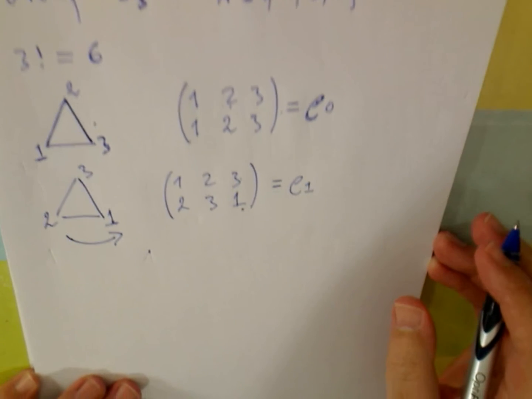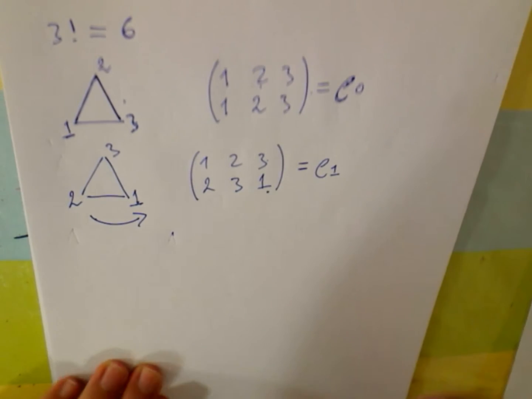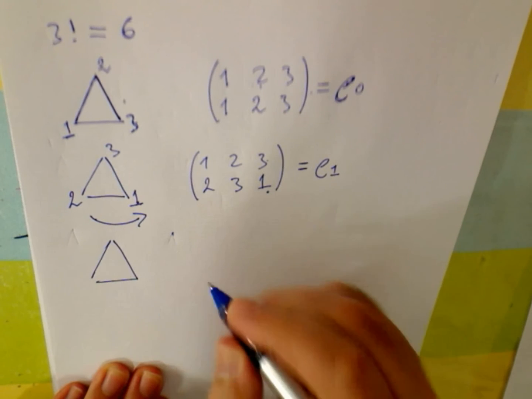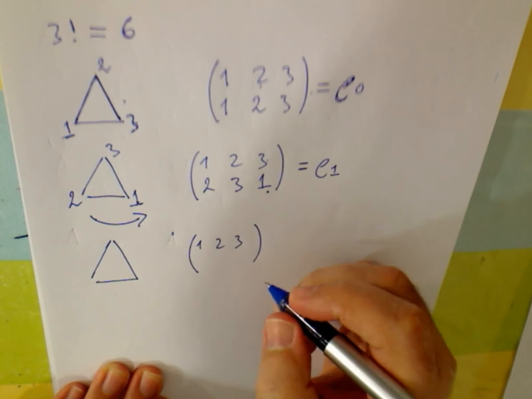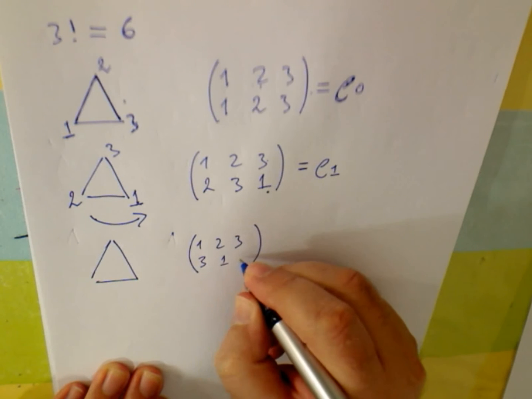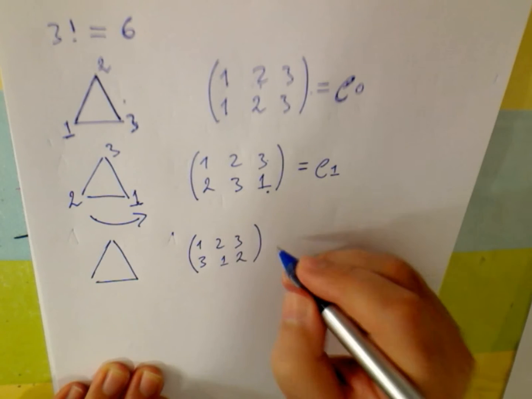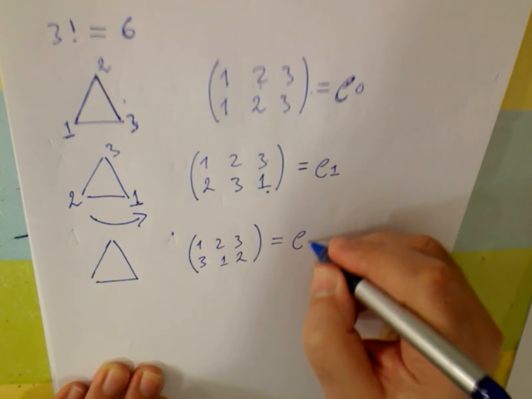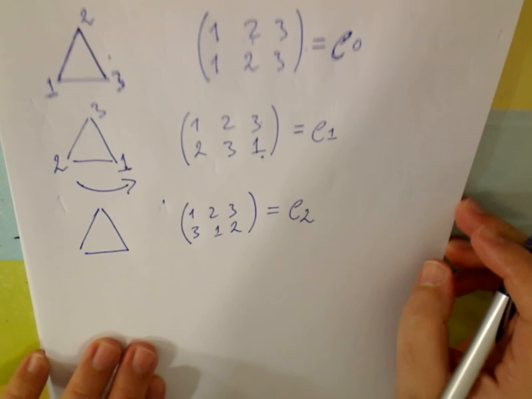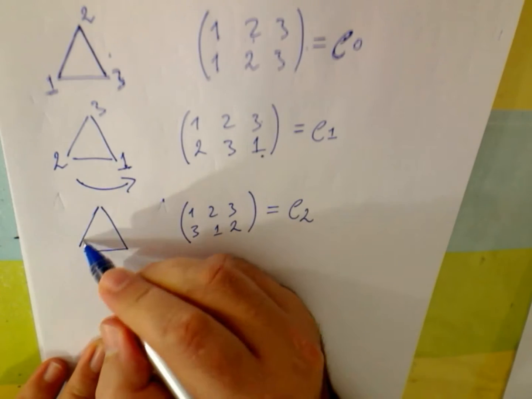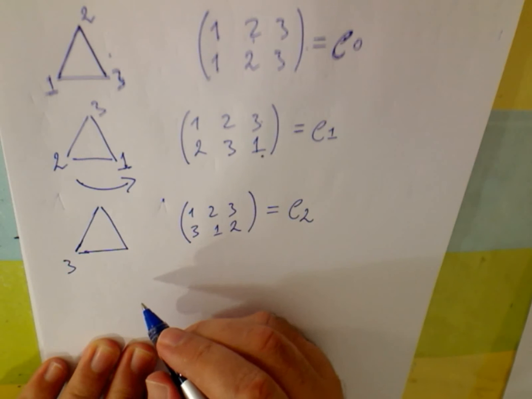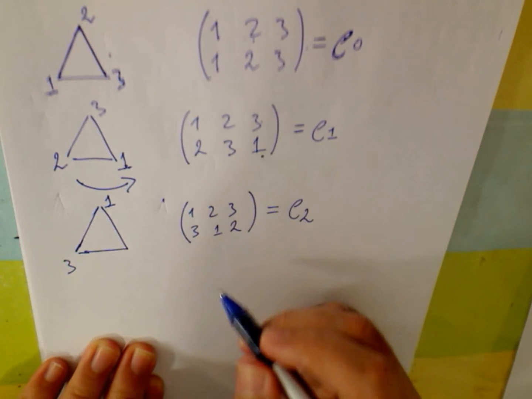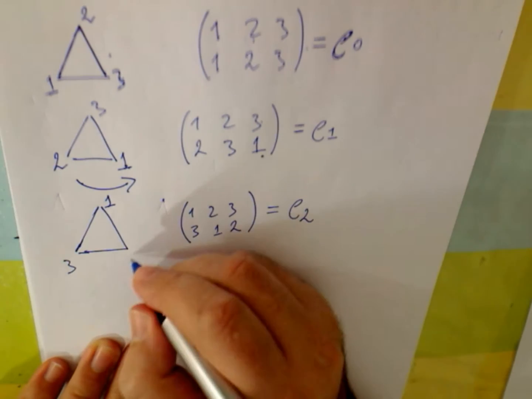Now, 1, 2, 3. The second rotation can be 1, 3, 1, 2. I'm going to call it rotation 2, not very original. So 1 will be 3, 2 will be 1, and 3 will be 2.